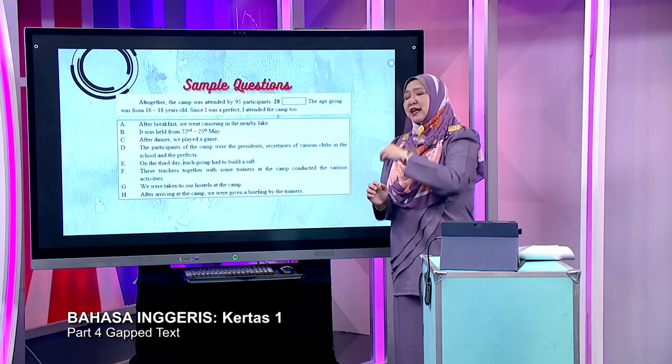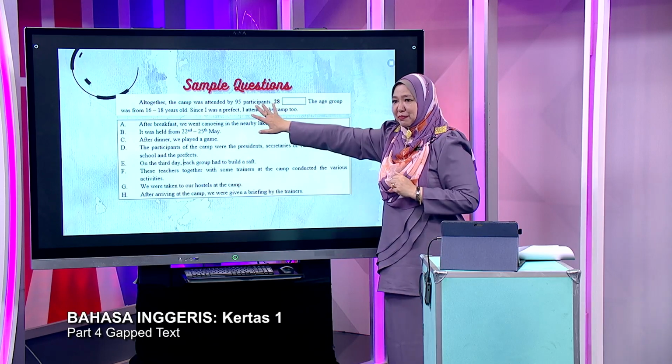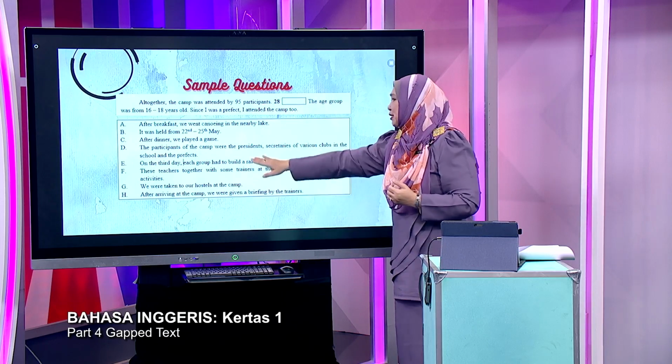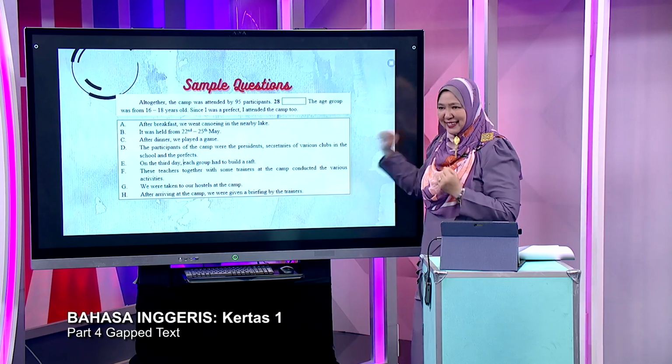For this one, the clue is participant. So we are talking about participants. Who are the participants? Someone who rushes into the answer could actually choose answer F, "These teachers," because if you're too rushed and don't read the question properly, you might miss the correct answer.